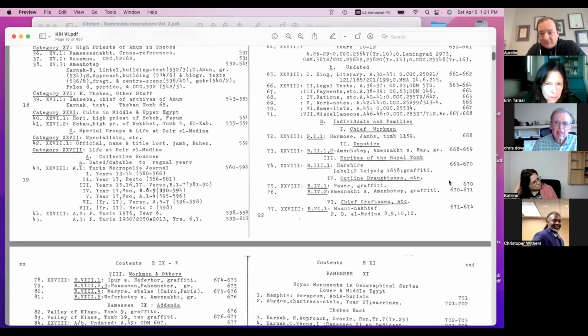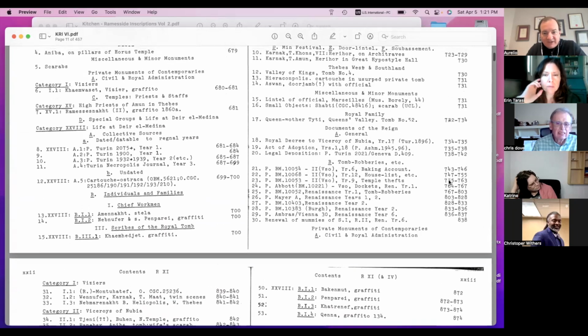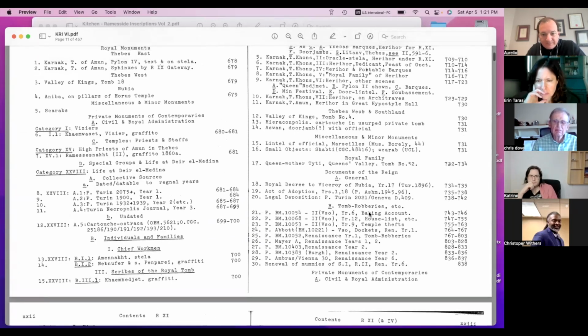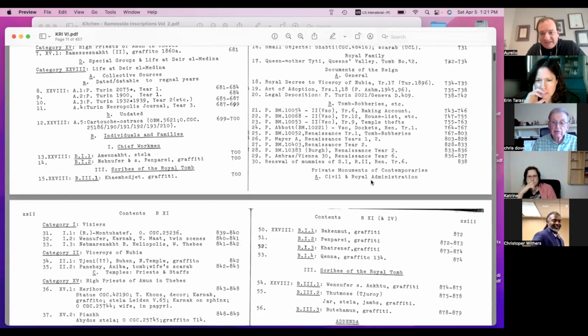This is very useful and unfortunately not that easy to find in completeness. So that's from the tomb robberies then, which makes sense. From the tomb robberies of Ramses the 11th. So actually, this would be fairly contemporaneous with our Wenamun next week.